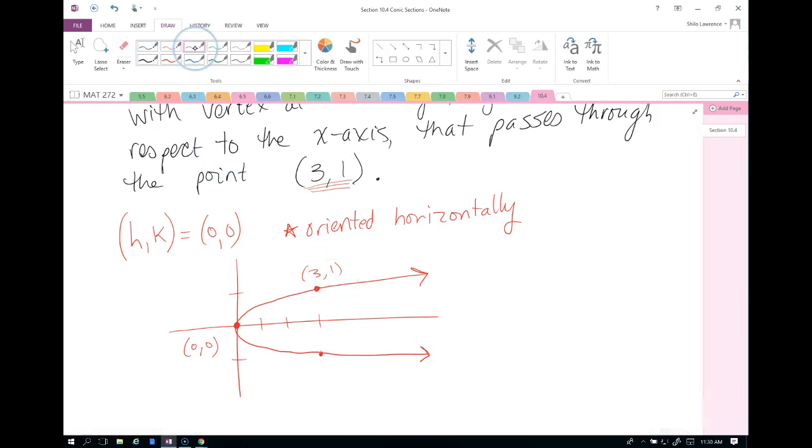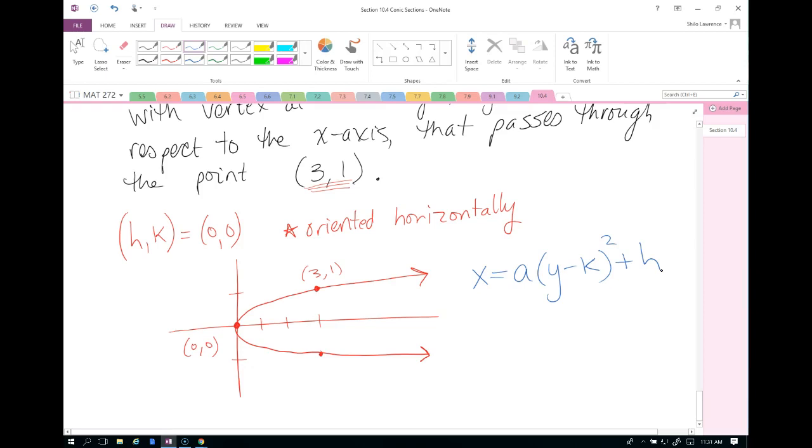So our basic setup for these horizontal parabolas, whatever direction it opened, is x equals a times (y minus k) squared plus h. Remember, y and k stick together because k is a y value.